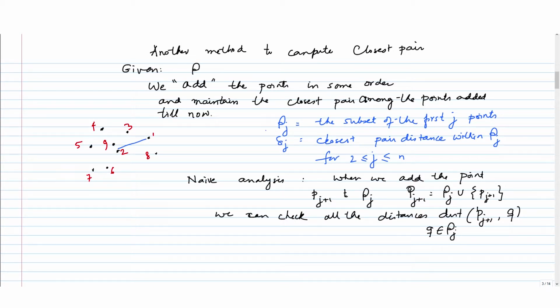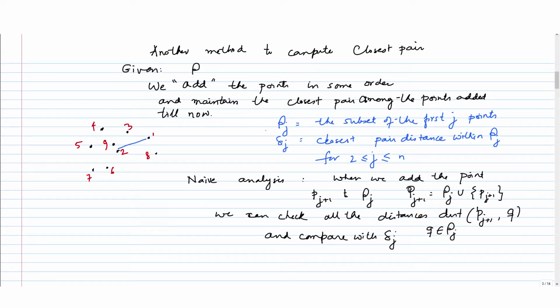So, when the next point comes in, I check the distances with respect to all the points and compare with delta j.